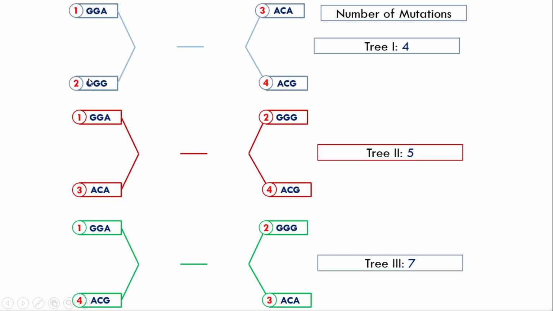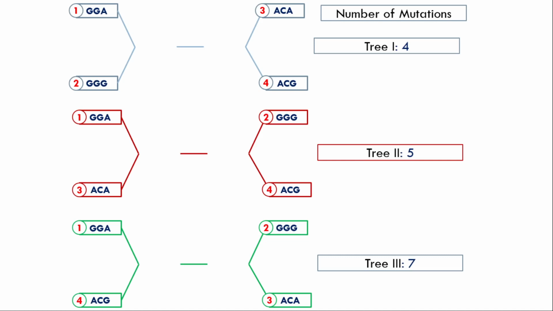So here I can see in the triple G and GGA, how many mutations are there. GG is conserved, but in the place of G there is one mutation; rather than G here it is A. So there is one mutation.